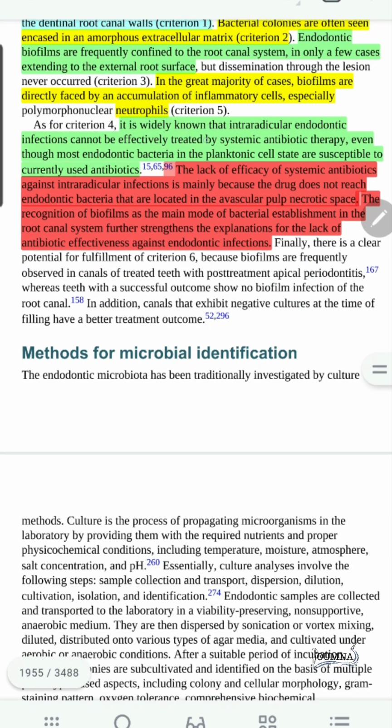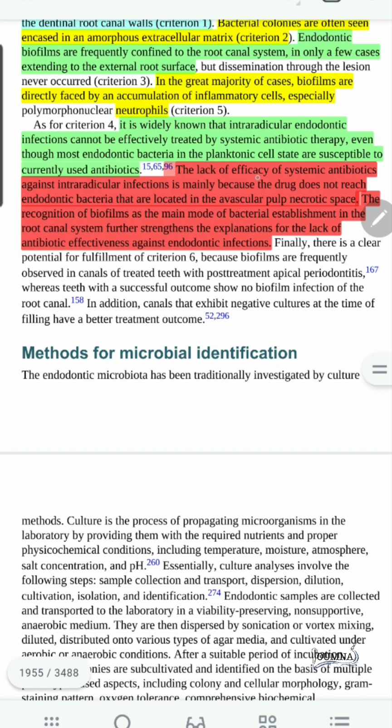It is widely known that intraradicular endodontic infection cannot be effectively treated by systemic antibiotic therapy, even though most endodontic bacteria in the planktonic cell state can be defeated by currently used antibiotics.